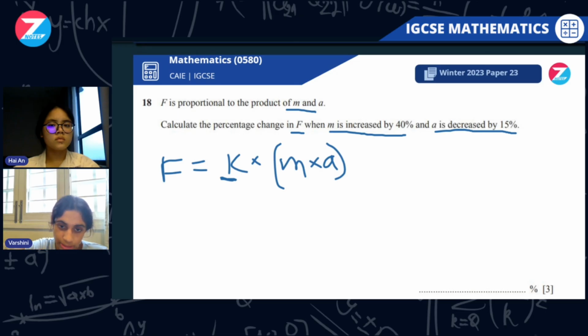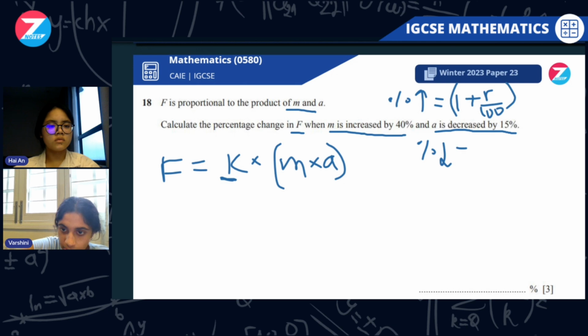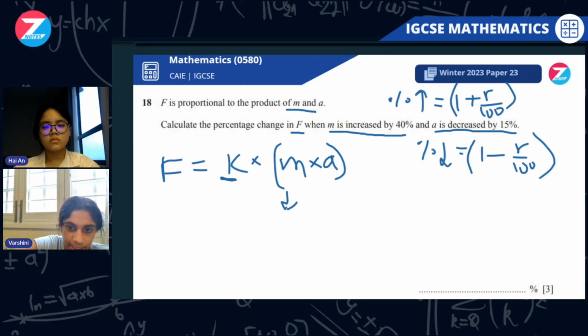Okay, so now let's see what's going to happen to m and a. If m is increased by 40%, we know percentage increase equals 1 plus the rate by 100, and percentage decrease equals 1 minus the rate by 100. So m is getting increased by 40%. That's going to be m into 1 plus 40 by 100.